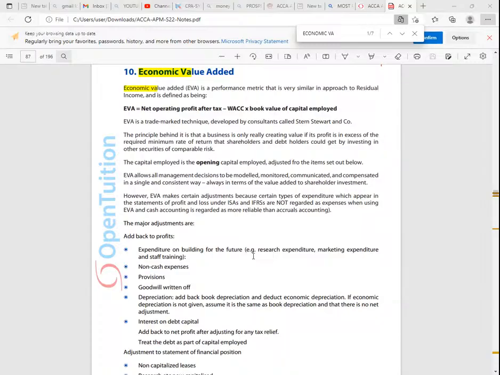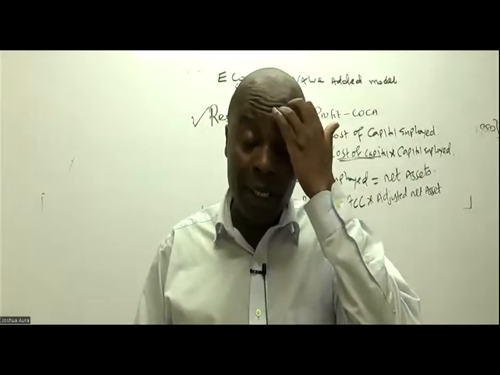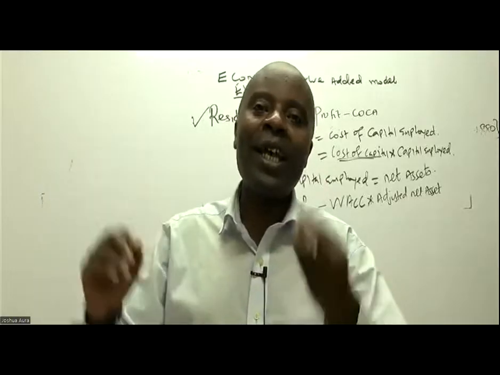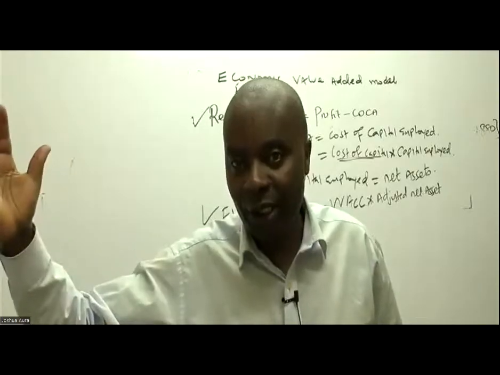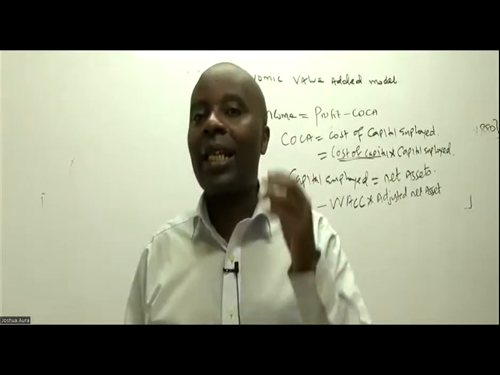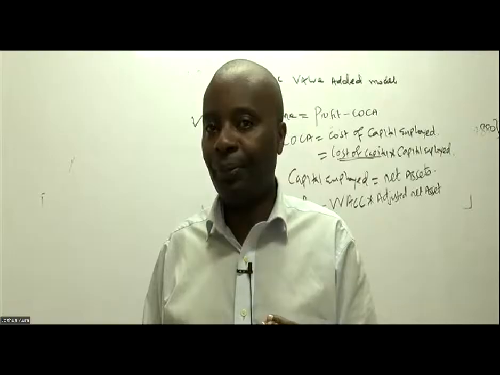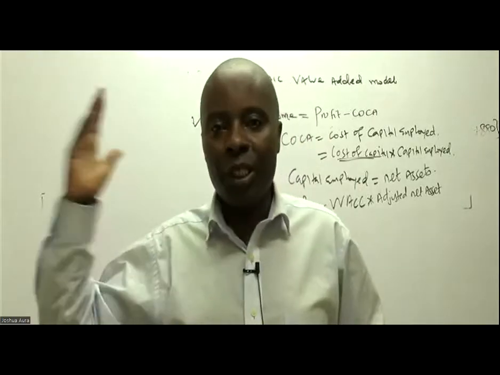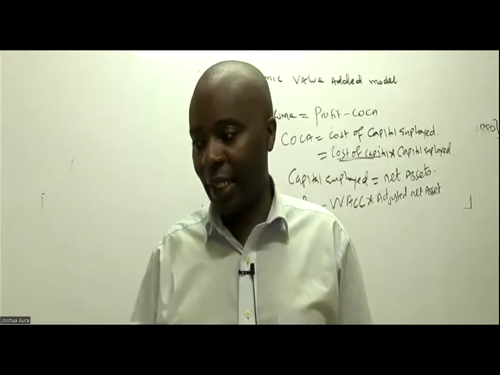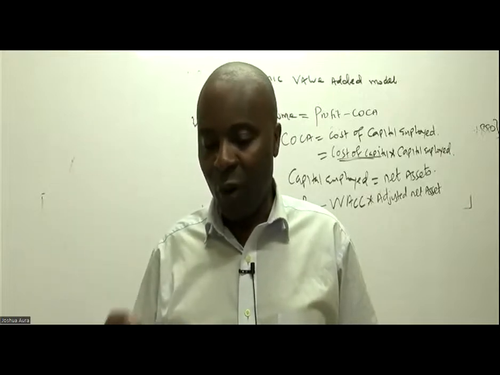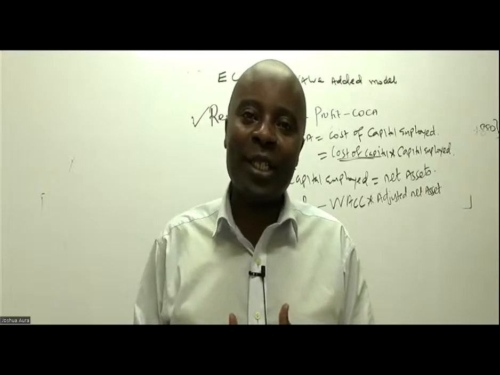Those expenses, ladies and gentlemen, should never ever be expensed. What we are told is that whenever you incur an expenditure that has future economic benefits, remove it from the income statement and take it to the balance sheet as an intangible asset. Why? Because remember, by definition, what is an asset?